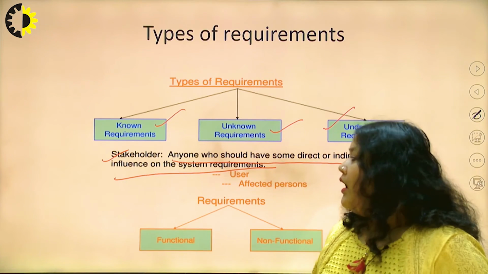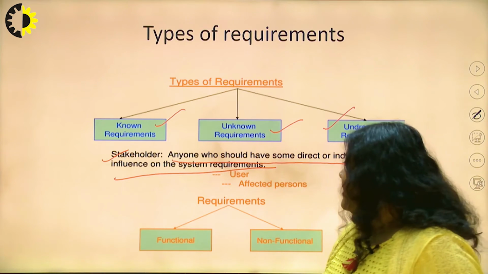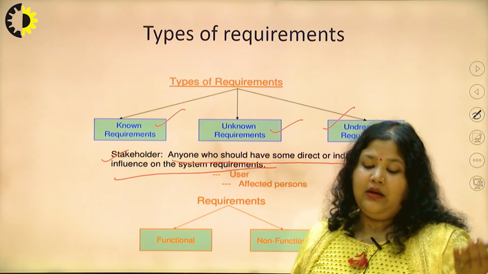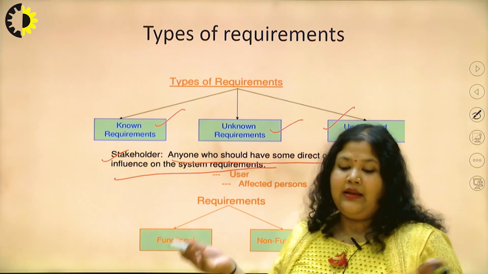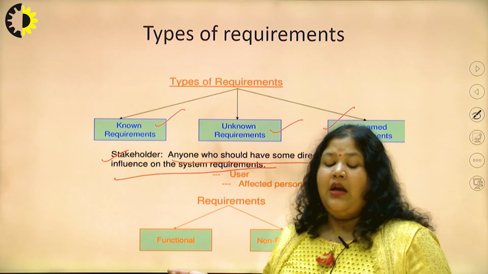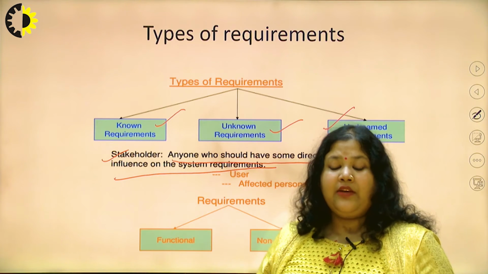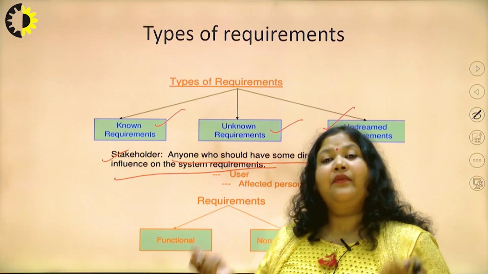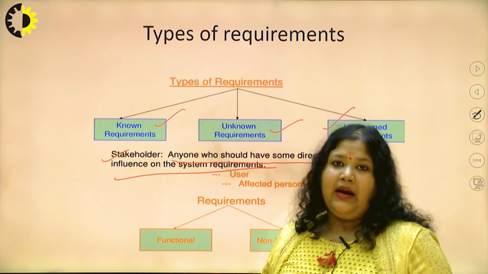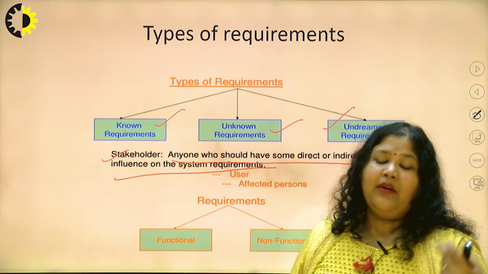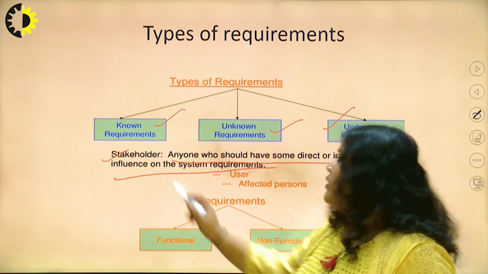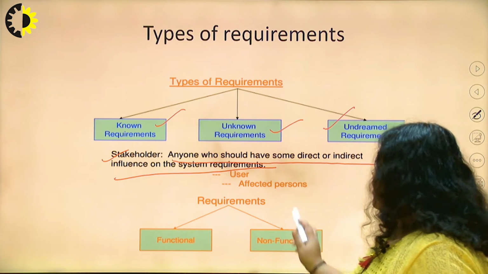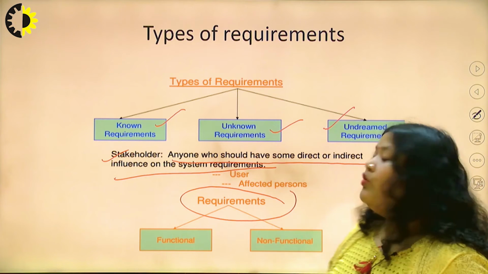So basically, a stakeholder is a person, either the developer, the customer, or any person directly related to that particular system that we have to develop at the developer site, or for which we have to collect the requirements. So stakeholder is that.